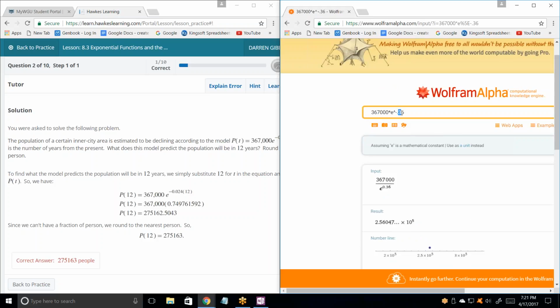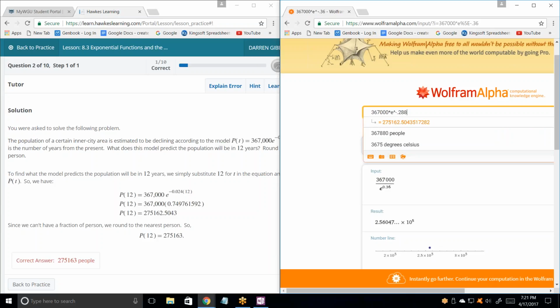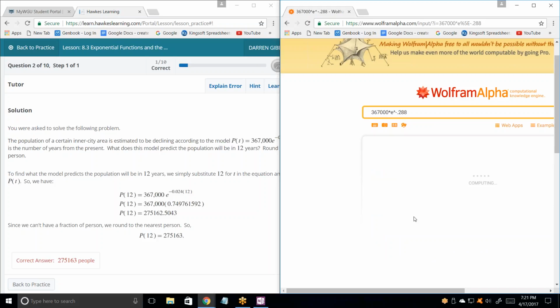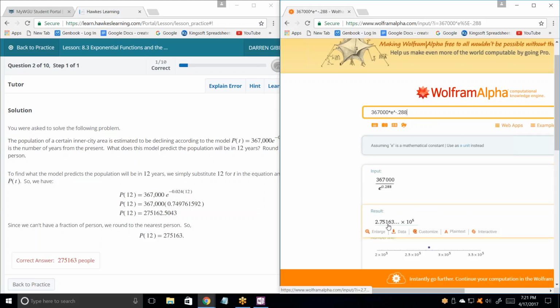So that's got to be 288 instead of 36. I just made a mistake doing the math on my own. And that gives us 275,163. So the only mistake I made was multiplying 12 by 24 in my head and getting the wrong answer.